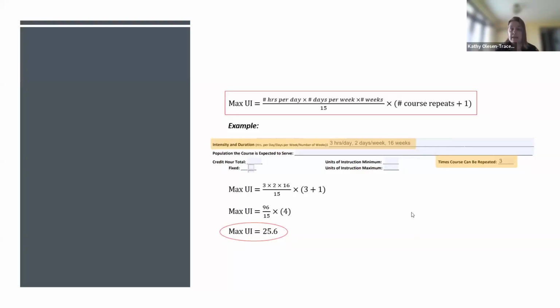So you're going to take that number of hours per day, days per week times number of weeks. So we're going to have 80 hours, and you divide that by 15, and then I get 5.33 times my 4, because I can do it 4 times. That's going to be 21 units.